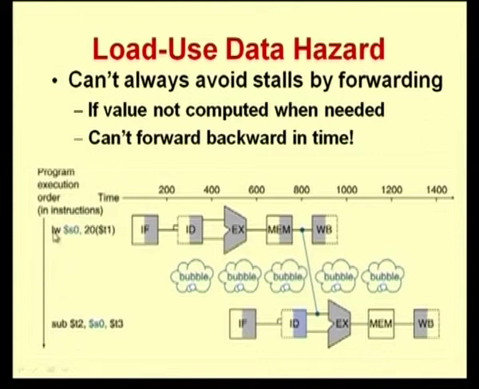If in between load and sub, some other instruction which was not dependent on this load was brought in, then obviously that could have executed in the in-between clock cycle without causing any stall, and by the time the sub came in for execution, fetched in the next clock cycle, with this forwarding path in place, we would have gone ahead without any stalls.